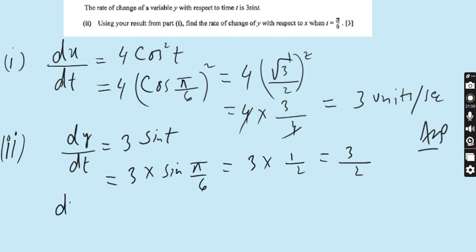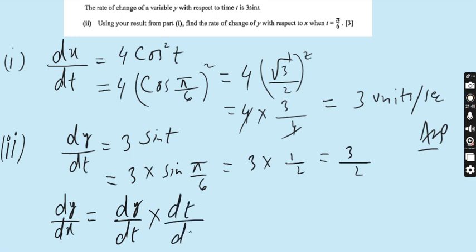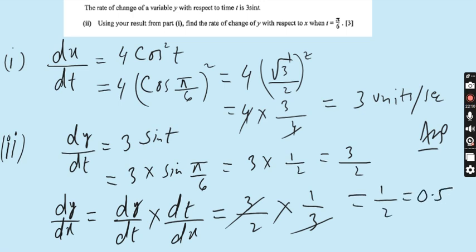Now write the formula of dy by dx, which is equal to dy by dt multiplied by dt by dx. dy by dt we have found 3 upon 2 multiplied by dt by dx. dx by dt is 3, so obviously dt by dx is 1 upon 3. 3 cancel by 3. The final answer is 1 upon 2, or you may write 0.5. So 0.5 is dy by dx.